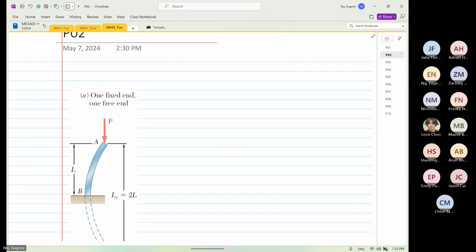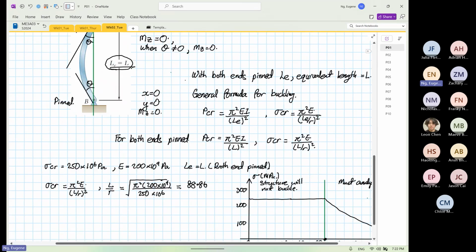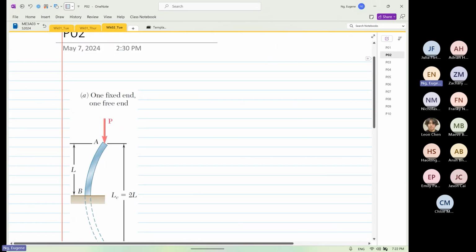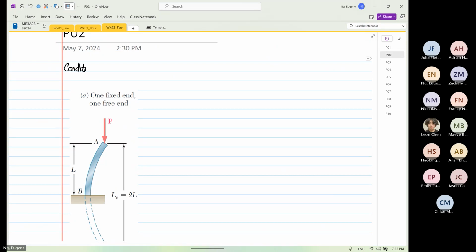So condition number 2 is where you have one end fixed and then you have the other end, one end fixed and one end free.